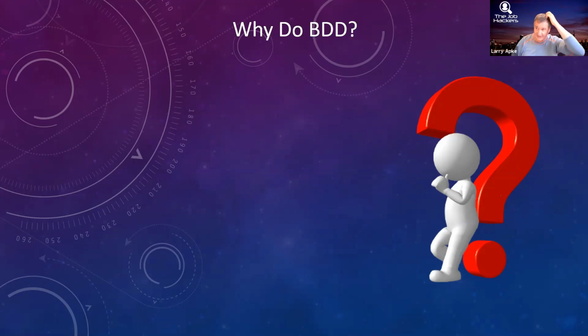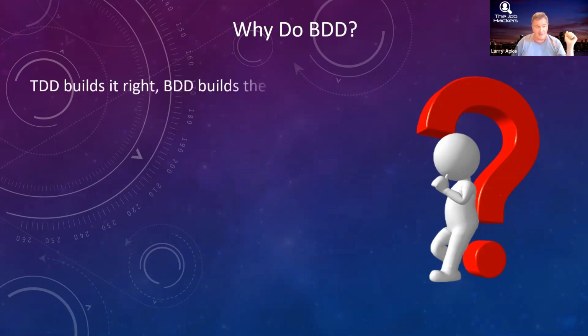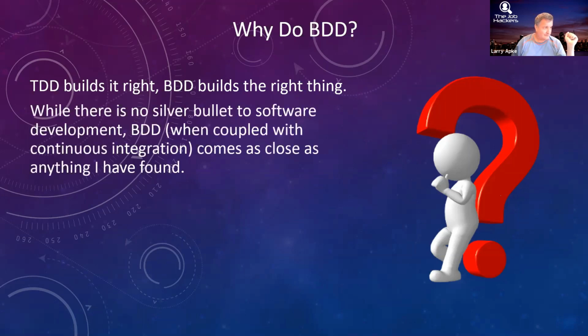Because in order to be effective, we need to do the right things and we need to do them the right way. TDD does it the right way. It is a process in some respects, though there can be some argument, there's overlap. BDD makes sure we're building the right thing so that we're not dolphin speaking to each other.